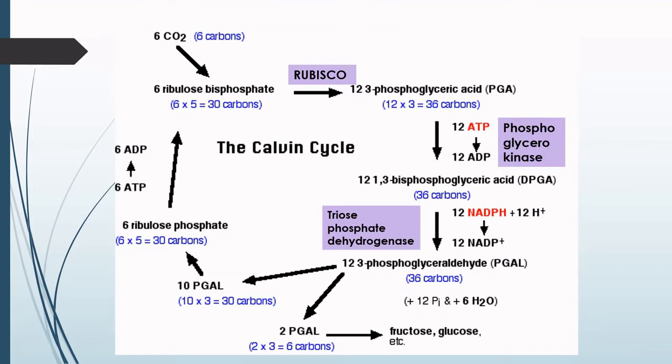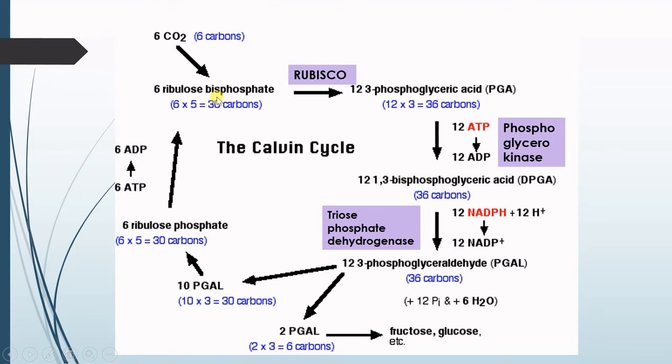Here, the first phase is carboxylation. Carbon dioxide is accepted by the carbon dioxide acceptor compound, that is RuBP. Here, 6 molecules of RuBP are utilized for the carboxylation process. 6 molecules of carbon dioxide are coming and they are accepted by 6 molecules of RuBP.